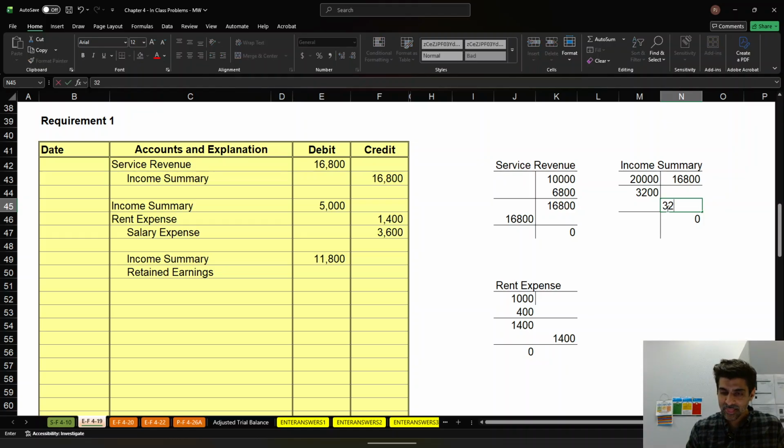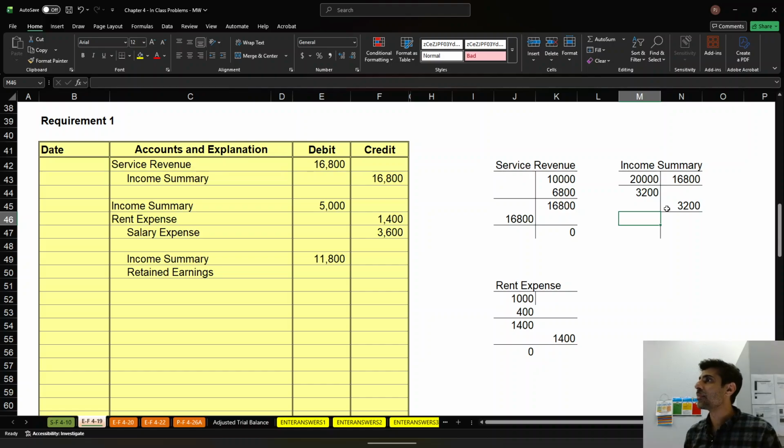My goal is always to get this to go to zero though. So I have to just do whatever it takes to close income summary to zero. And then the opposite to retained earnings. Okay, so in this case, I had a loss. It's going to reduce retained earnings because retained earnings is a credit balance. This loss is going to cause me to debit retained earnings. Okay?